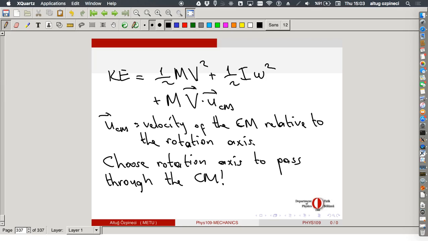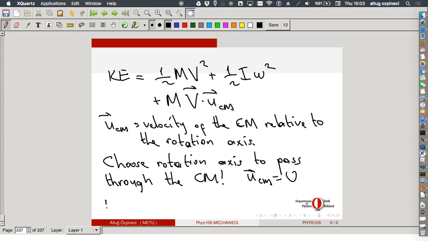In such a case, the velocity of the center of mass relative to an axis passing through the center of mass will be 0, because the axis is also moving with the center of mass. So the center of mass is always on your axis, always at the same point, so its velocity relative to your point will also be 0.